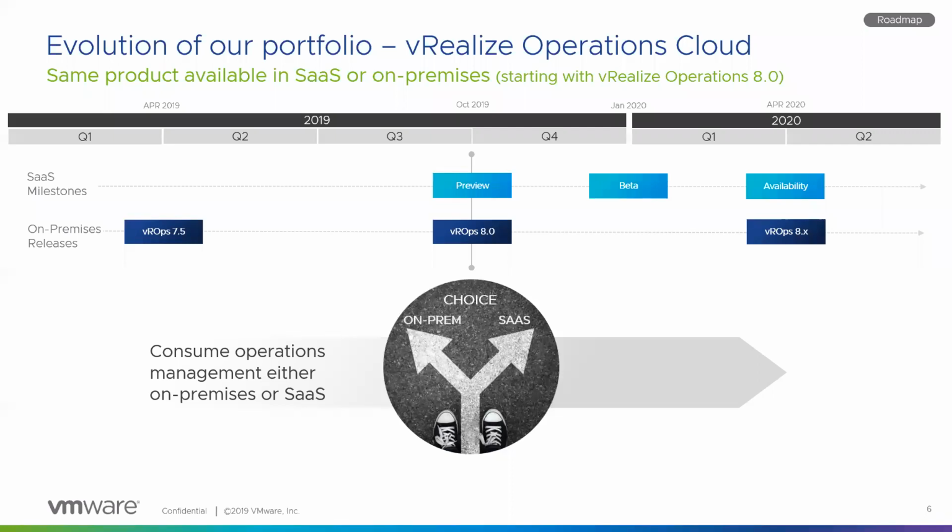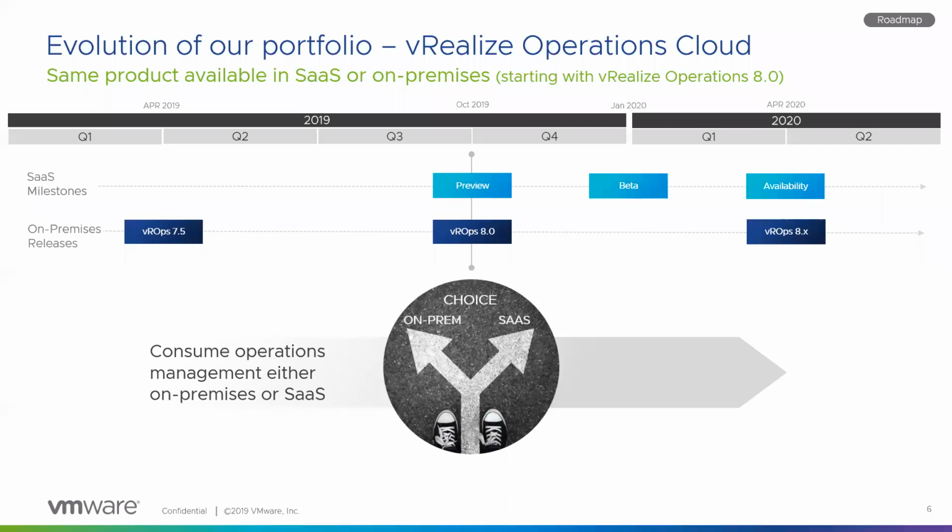So that's why we're bringing SaaS. It's the same product, whether you choose to run it on premises yourself or use it as a SaaS offering from VMware, so you don't have to relearn anything. You don't have to figure out, okay, now I'm using the cloud version, what's different? It works exactly the same way. We're actually just starting beta this week.